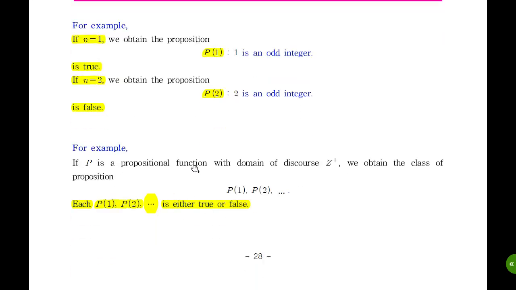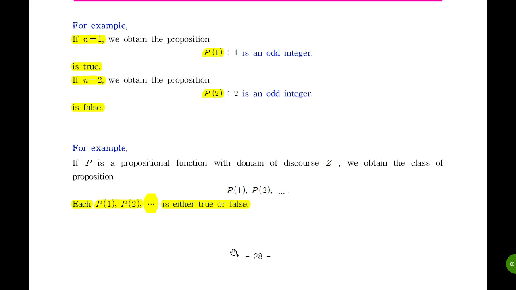If P is a propositional function with the domain of discourse Z plus, the positive integers, then for each n we have P1, P2, P3, and so on. Each of these Pi should be either true or false. Before, we learned propositions as just one statement.